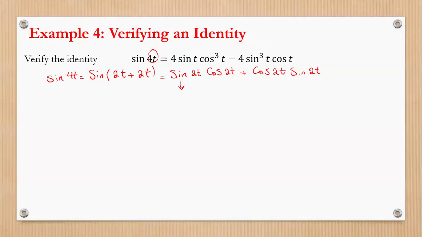The only formula that we have for the sine of 2t is 2 sine t cosine t. What formula can we replace for cosine of 2t? We can use any of those three formulas, and again for this part, we just have 2 sine t cosine t.